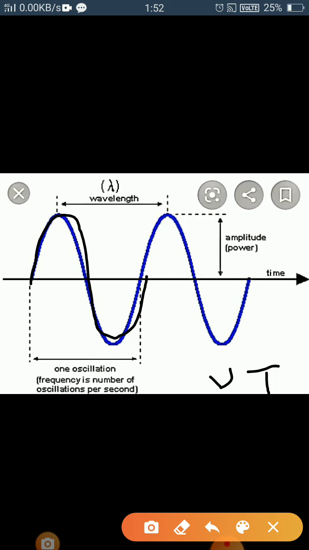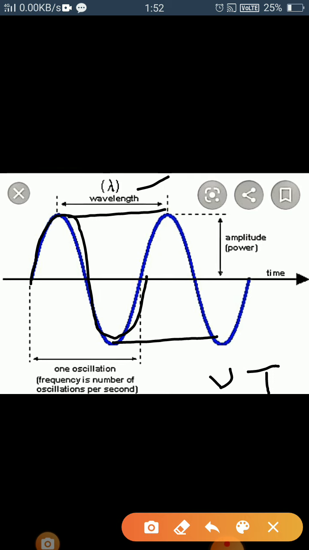Wavelength is the distance between two highest points of a wave, which are crests, or two lowest points of a wave, which are troughs. This is called wavelength and it is denoted by lambda. Another term is amplitude.